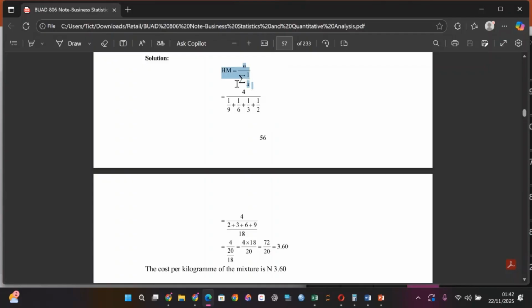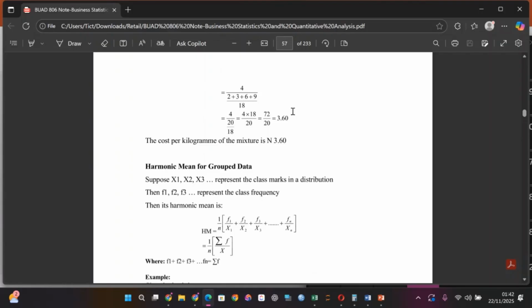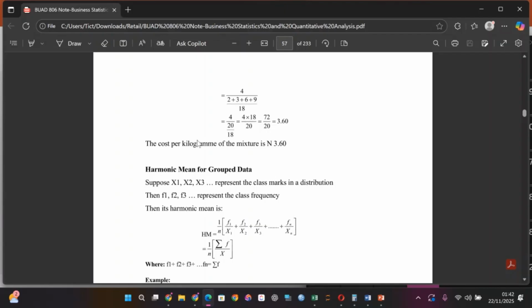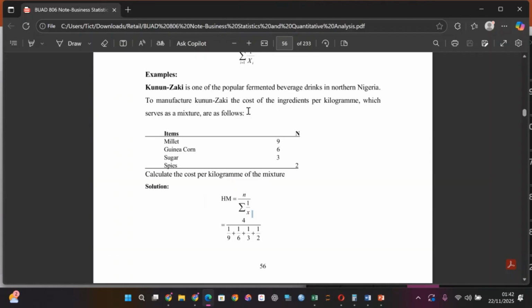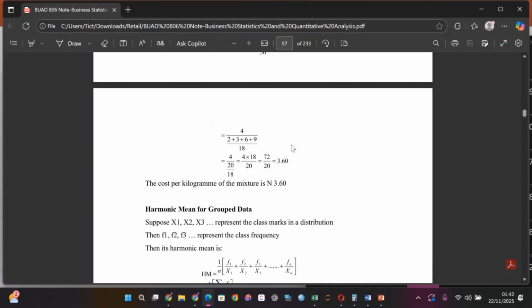So this formula is given to you. All you need to do is cram this formula, because you cannot derive it from how it got to this level. Just cram the formula and have it in your head, and use it to solve if there's a question for it. If there's no question, you can still leave it like that and move on. Once you get the formula in your head, you'll be able to solve this question.